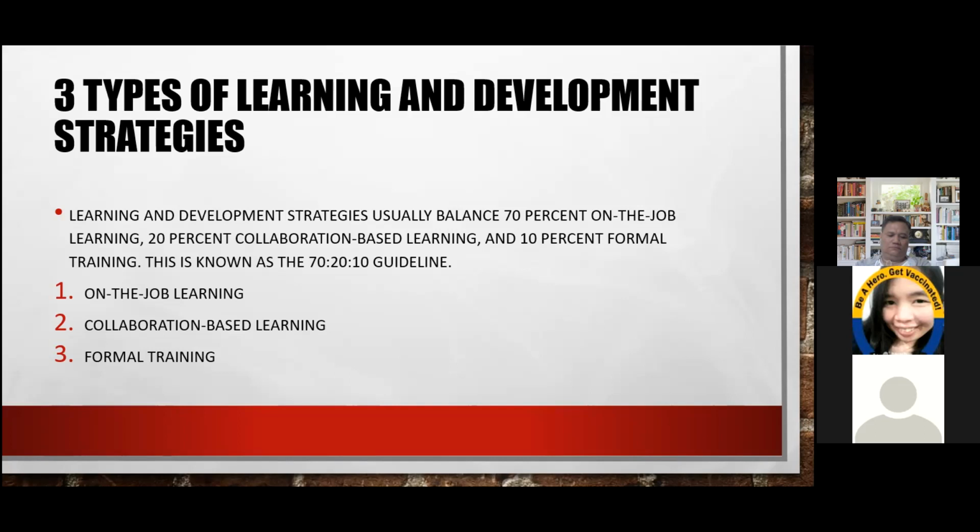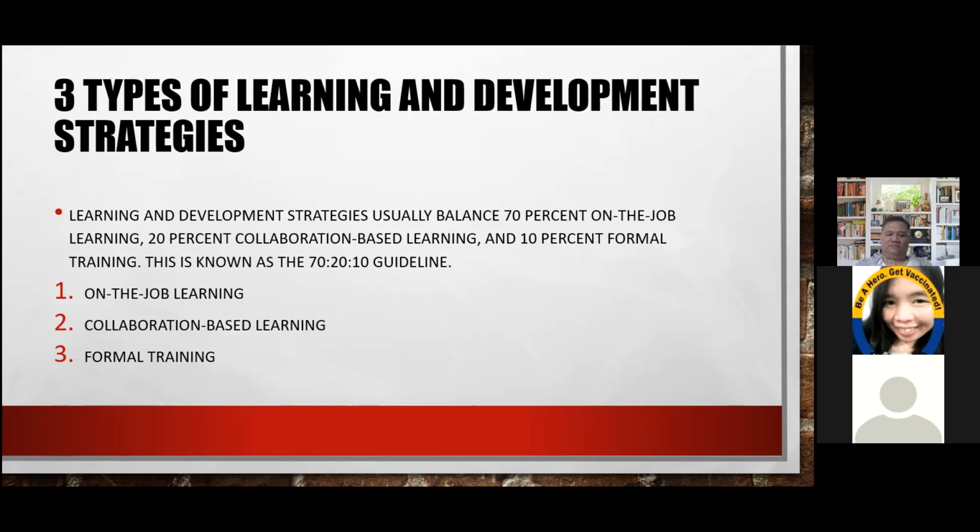Organizations can facilitate this kind of learning by encouraging teams to prioritize instruction while working and having a robust offering of on-demand learning tools to answer employee questions as they arise. Number two type is collaboration-based learning.